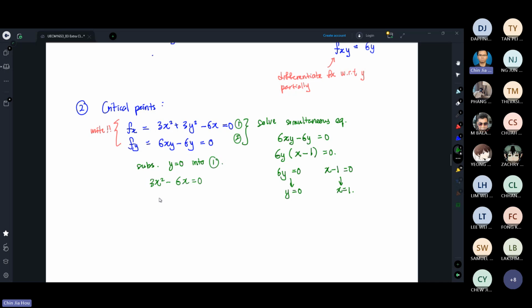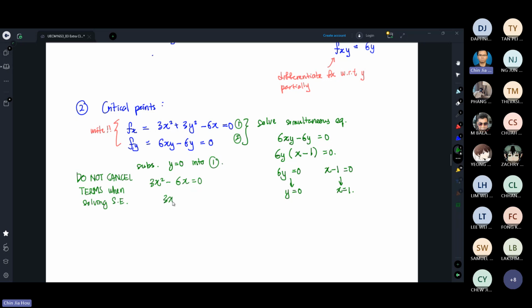Remember, do not cancel terms when solving simultaneous equations. Do not ever do that.